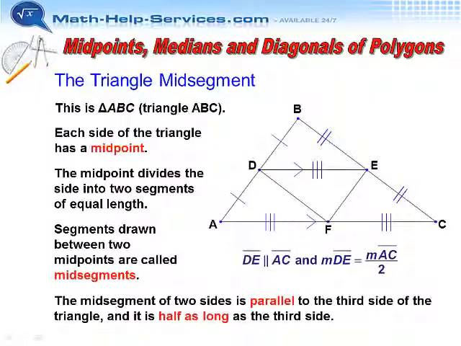So we see that line segment DE is parallel to line segment AC, and the measurement of line segment DE is half of the measurement of line segment AC.